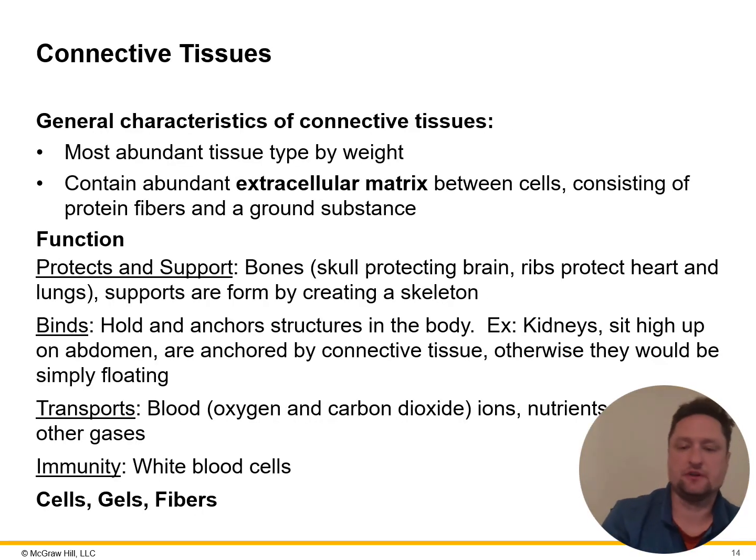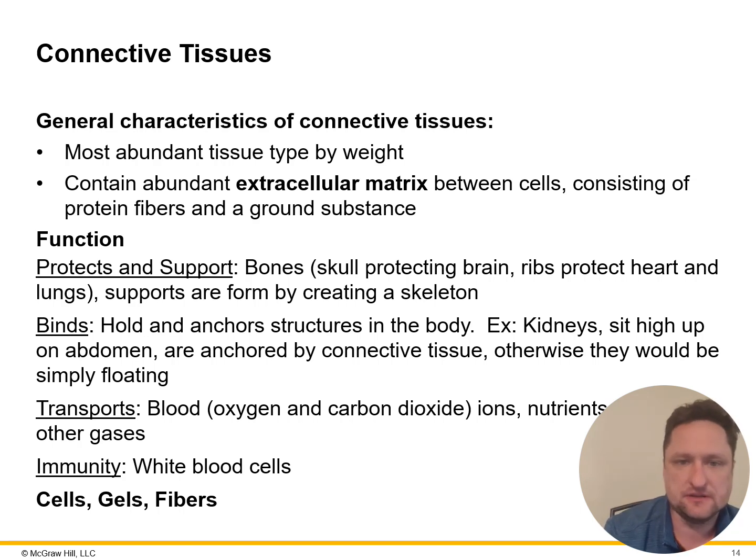All right, so now we're going to talk about the second type of tissue, connective tissue. Now, connective tissue is the most abundant and widely distributed tissue in the body. It forms a framework that supports, binds, and integrates all other tissues and organs.